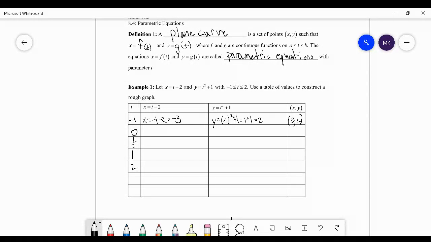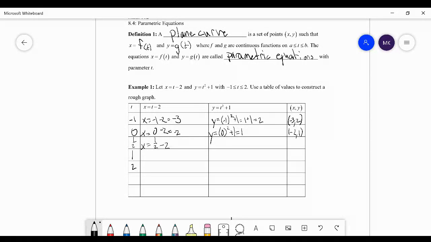We just do the same thing going all the way through. When t is 0, x is equal to 0 minus 2, which is negative 2. y is equal to 0 squared plus 1, which is 1. So we get the point (negative 2, 1).